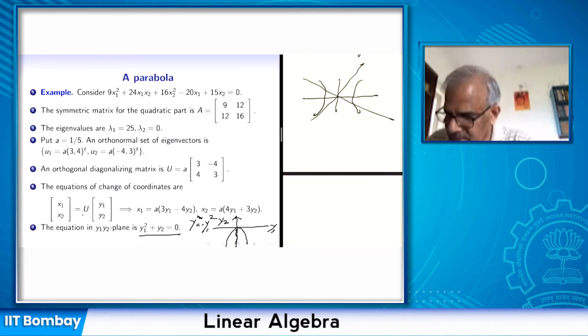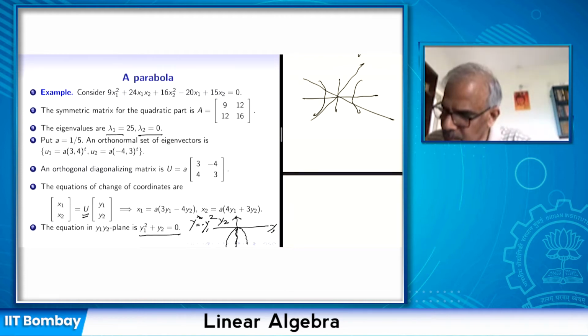U is an orthogonal matrix, and in this case, what is the determinant of U? Let's find out the eigenvalues and eigenvectors. Eigenvalues were these: lambda 1 equal to 25, lambda 2 equal to 0.